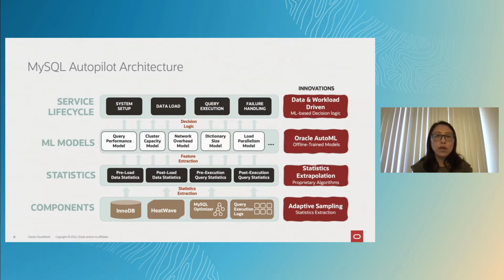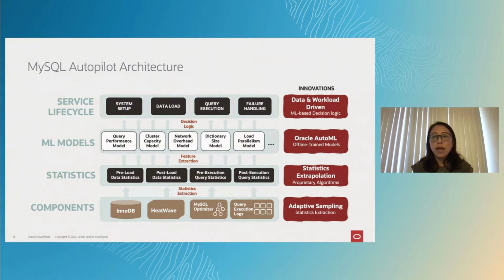For example, query performance, cluster capacity, network overhead, data load, etc. So that we can make predictions for the service in the 4 areas that we have just mentioned: system setup, data load, query execution, and failure handling.